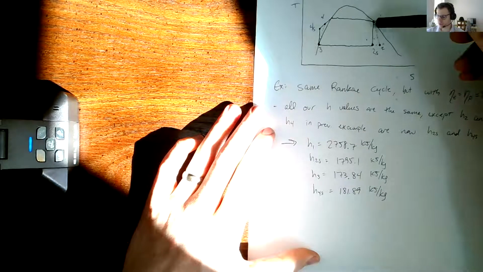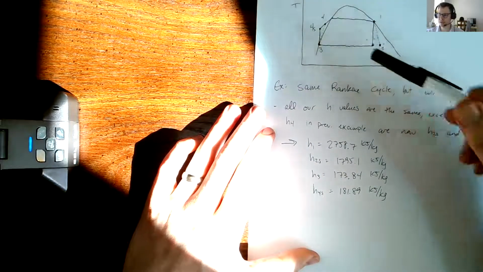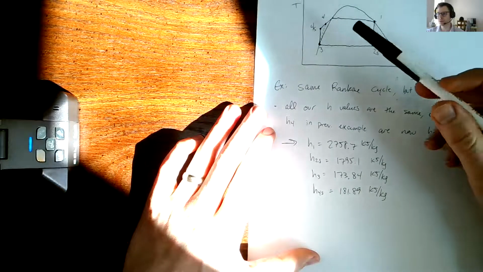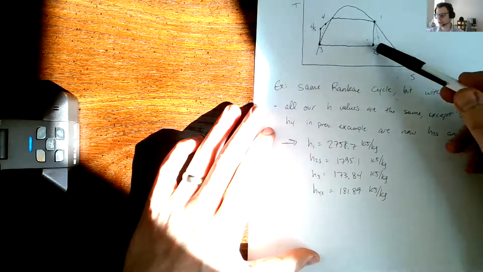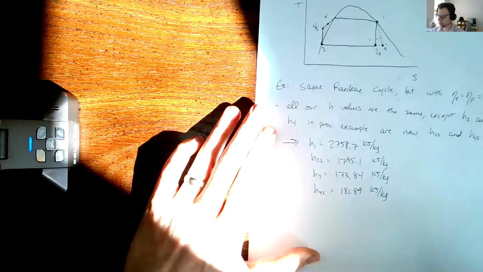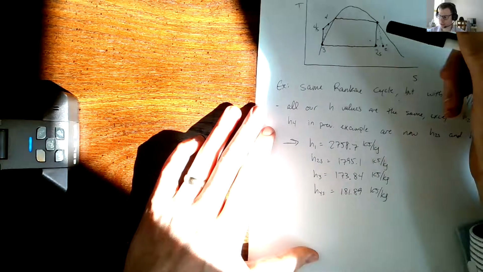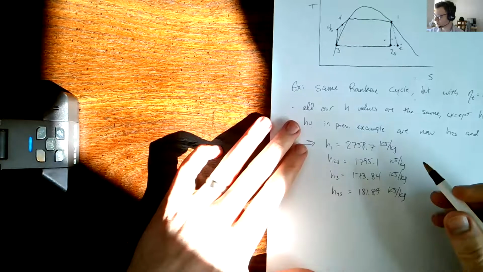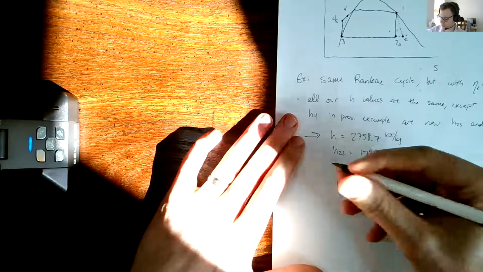We noted that H1 and H3 are the same as in the previous example, so I just wrote those down. And then our H2 and H4 from the previous example become H2s and H4s, okay? But we actually need H2 and H4 for this problem. So the way that we're going to do that is simply by using the definition of the isentropic efficiencies.